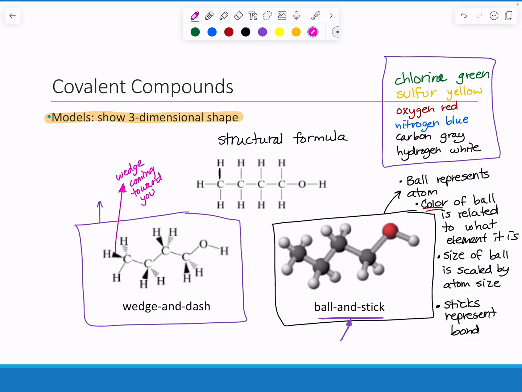And then the dash means it's pointing away from you, so that atom is away from you. And anything that is a line is in the plane of the paper. So that's how we represent three-dimensional objects on paper. All right.